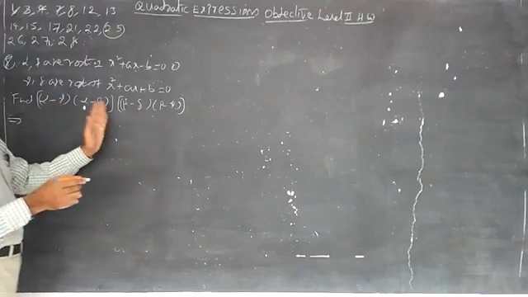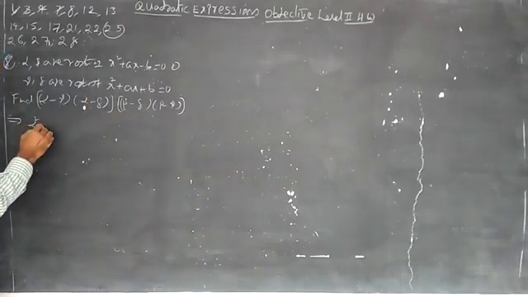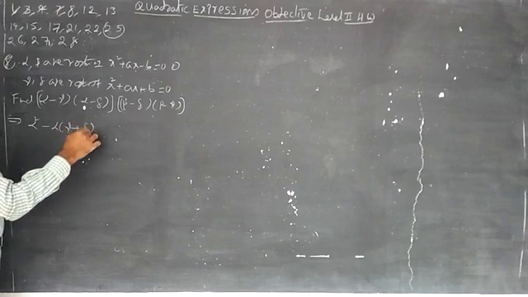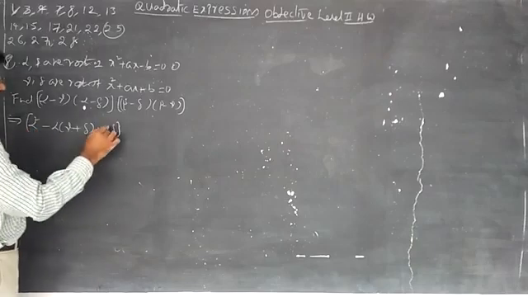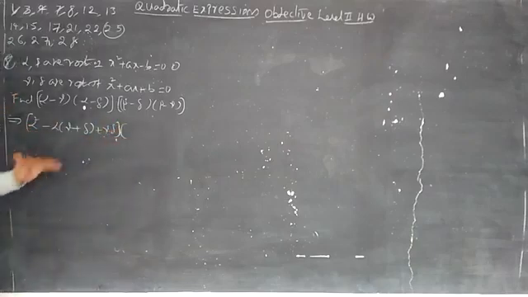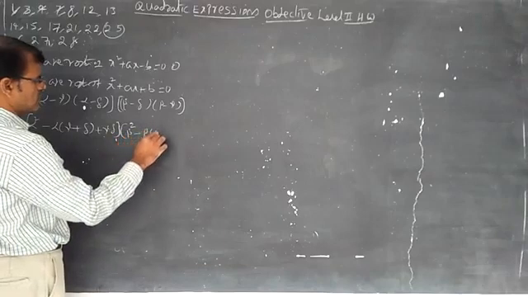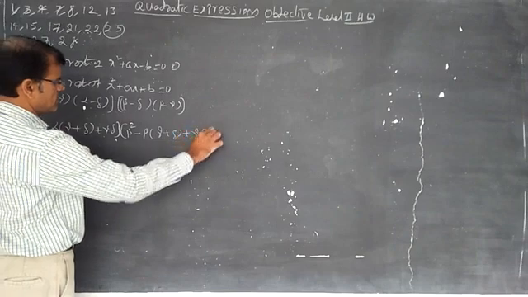The terms multiply with these two terms and later these two terms. It becomes alpha square minus alpha taken common within the brackets gamma plus delta plus gamma delta, and beta square minus beta taken common gamma plus delta plus this is gamma delta.